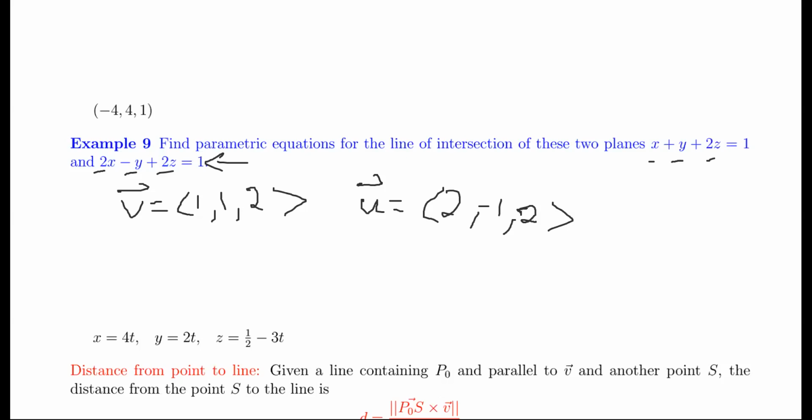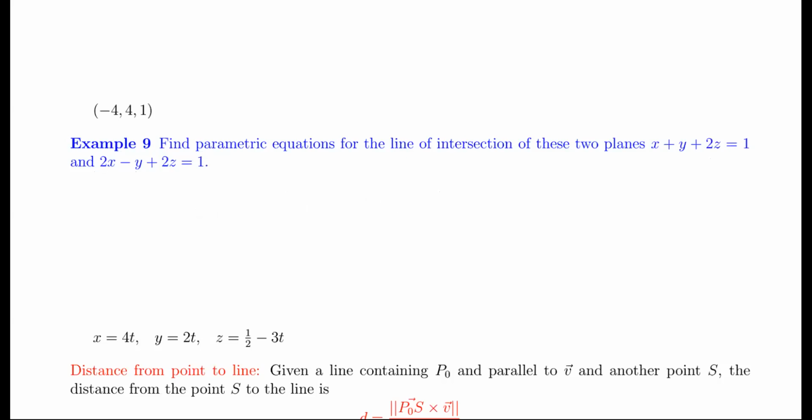If it's orthogonal to both normal vectors, that means this new vector lies in each of these two planes. So if it lies in each of those two planes, then it is a vector that is parallel to this line of intersection of these two planes. So let's take the cross product of those two vectors.